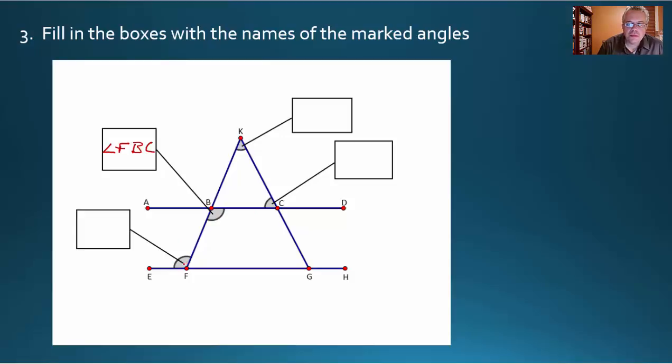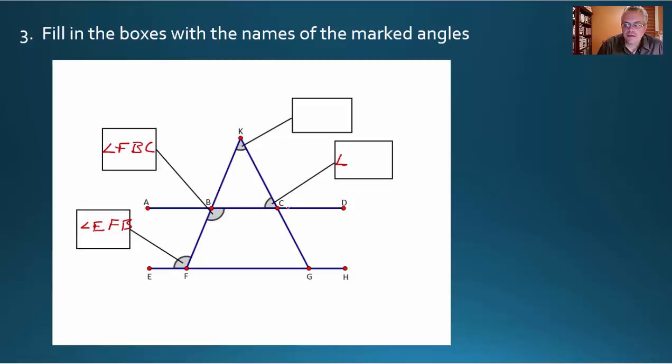All right, this one, we got EFB. So a point on the first side is E. The vertex is at F. And a point on the second side is B, angle EFB. All right, let's do this one. All right, angle. I know the vertex is C, that's going to go in the middle.